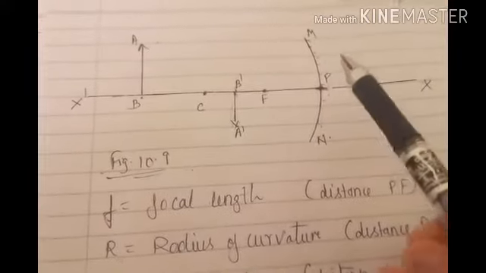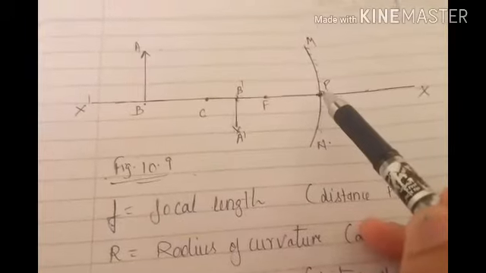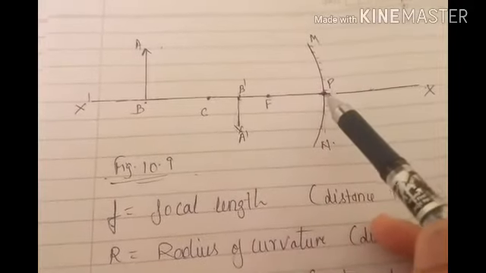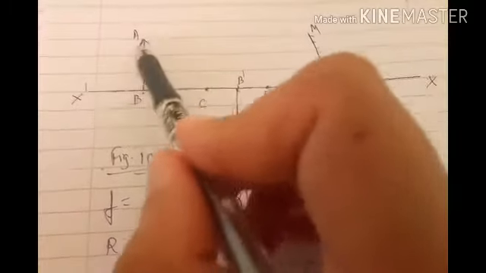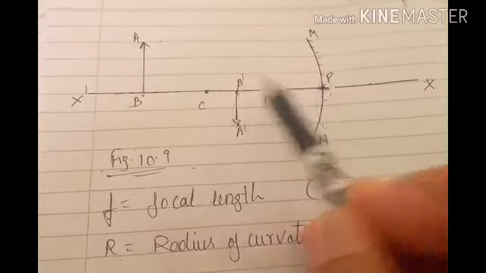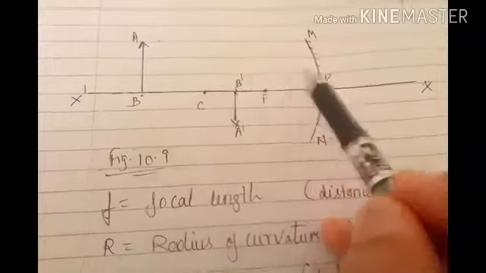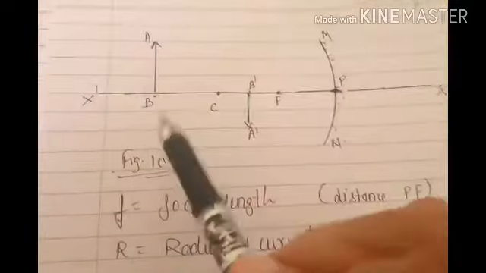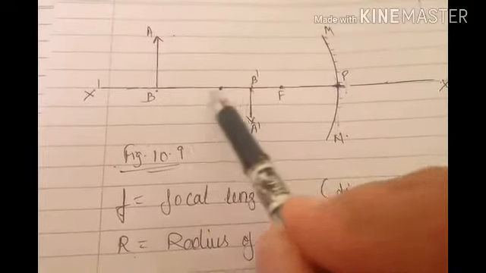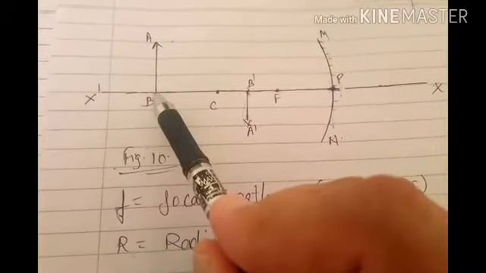Now let's revise the same thing, two or three points. If you are told the object is placed at a distance of 10 centimeter in front of the mirror, so this object AB is placed at a distance of 10 centimeter, that means the distance from here to here is 10 centimeter.